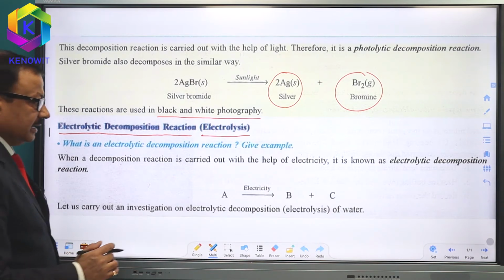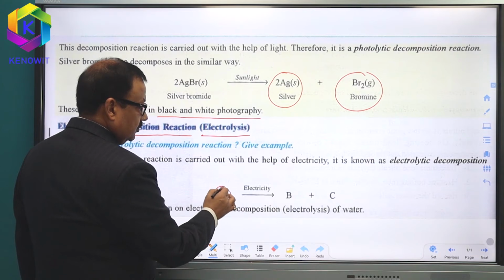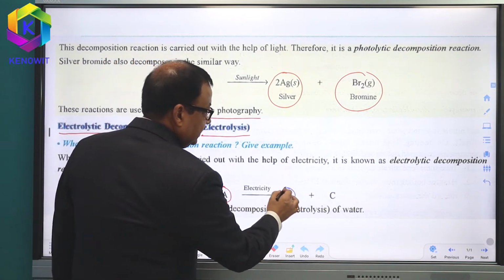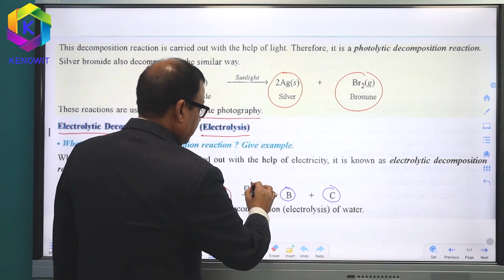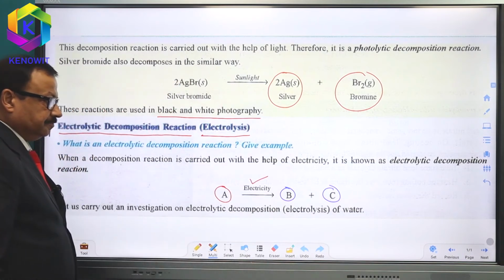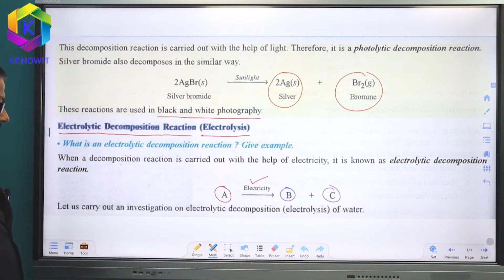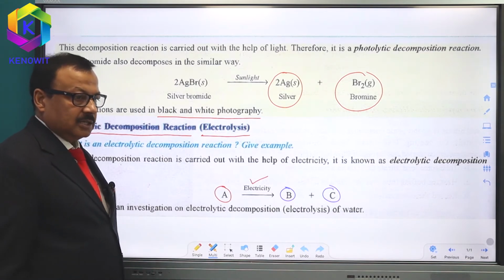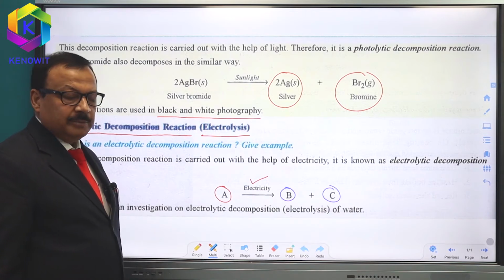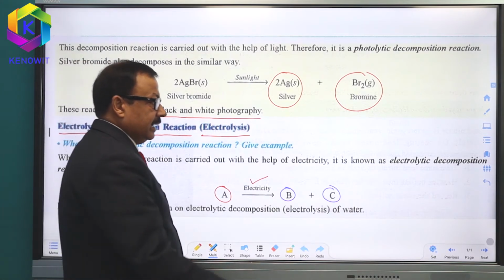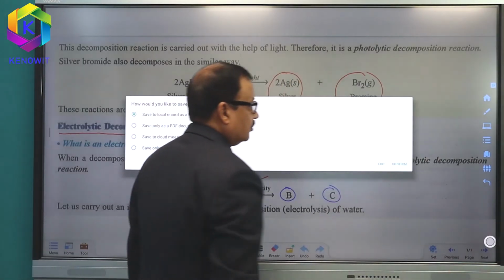In this case, a reactant A is converted into products B and C with the help of electricity. So finally, on the basis of energy, decomposition reactions are divided into 3 parts: thermal decomposition, photochemical decomposition and electrolytic decomposition.